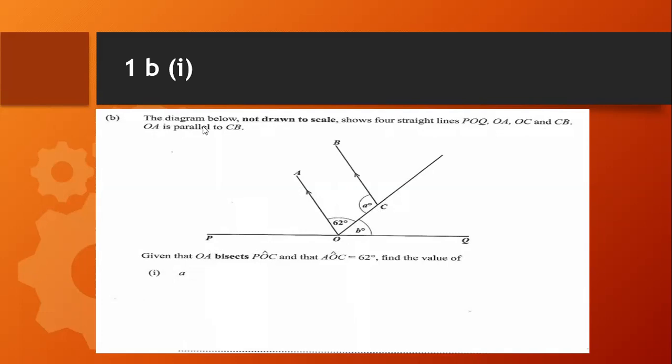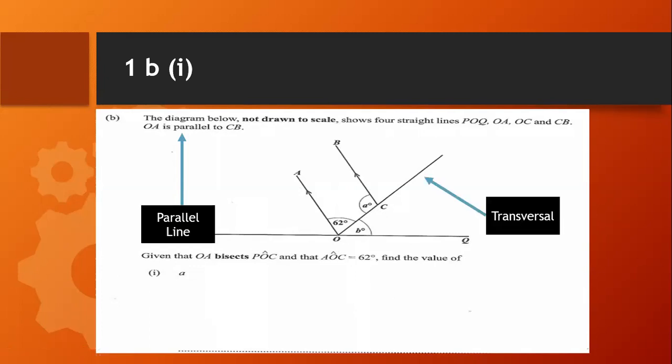OA is parallel to CB. So let's get what the words mean. Very important, right? So we have parallel lines there, and we have a transversal, and we also have some angles in between, and these are called interior angles. Do not forget that. That's very important.